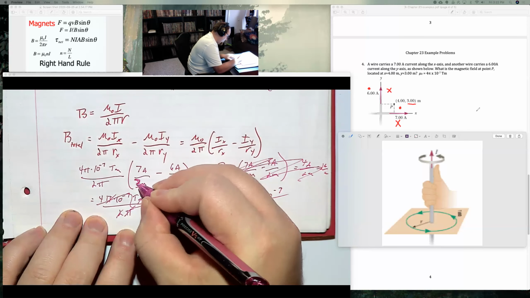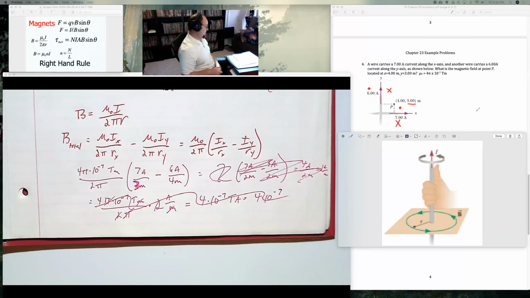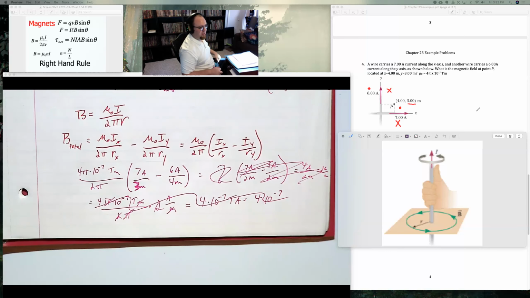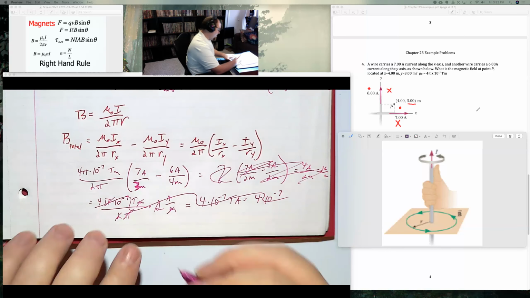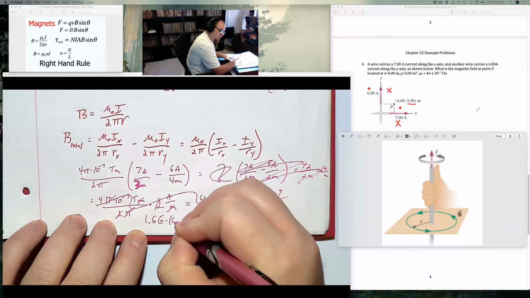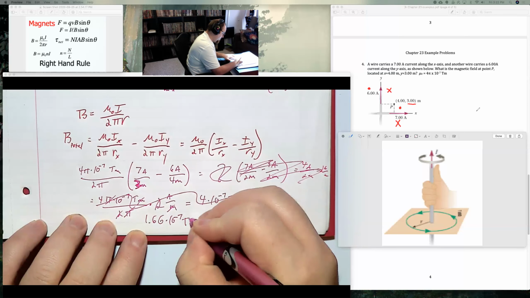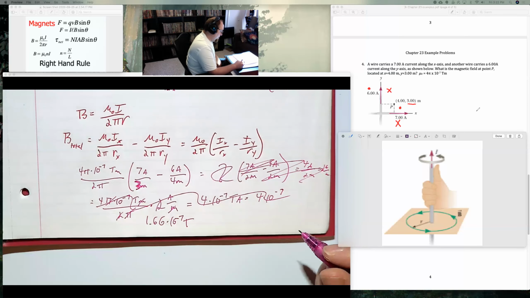Sorry about that. That is not going to reduce nice and neat. I kind of like it when it reduces nice and neat. So since it doesn't reduce as neatly, I actually have to do the math. It ends up being 1.66 times 10 to the negative 7 Tesla.